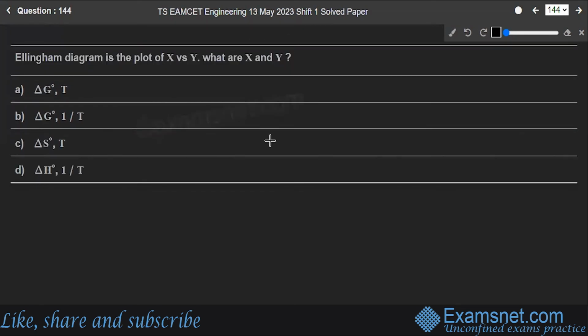Question number 144: a Ellingham diagram is the plot of X versus Y. What are X and Y? See, an Ellingham diagram is a graph showing the temperature dependence of stability of compounds.